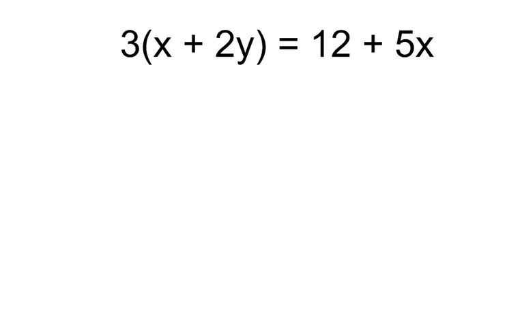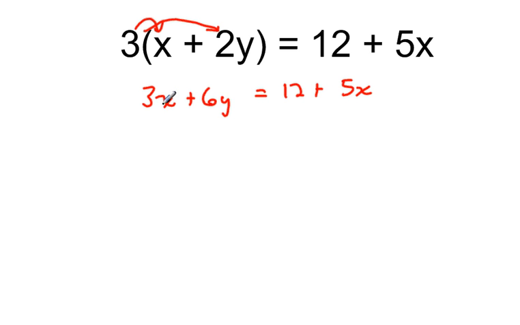We'll do one last one here, and it's one where we have to distribute. So there's a little bit more involved here. We have to distribute first. So we're going to do 3 times x is 3x plus 6y equals 12 plus 5x.